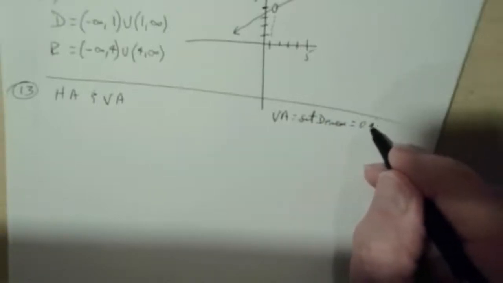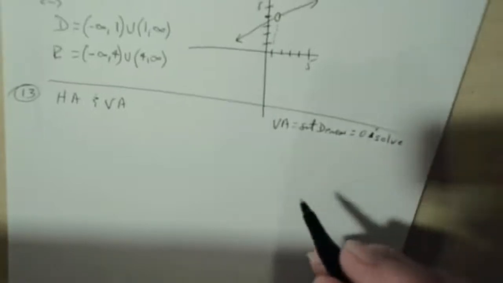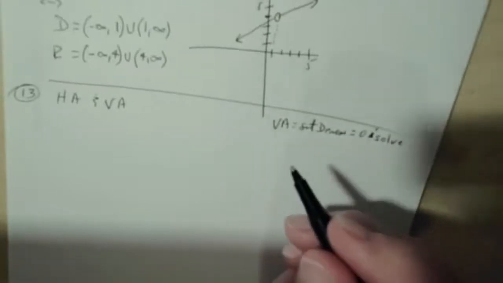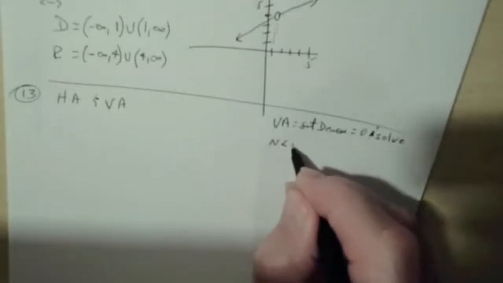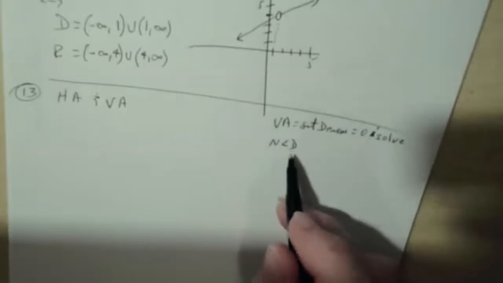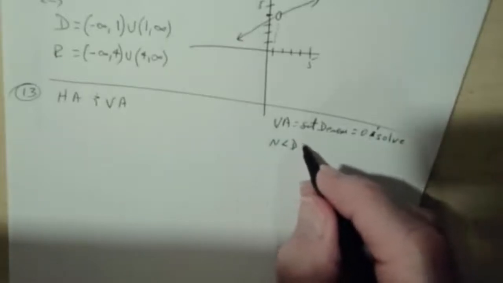For the horizontal asymptote, if the numerator is less than the denominator, the horizontal asymptote is 0.